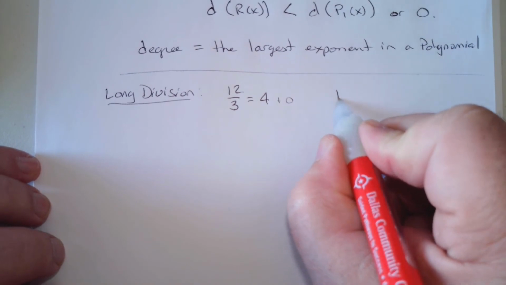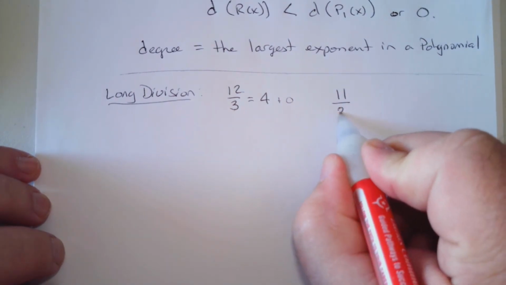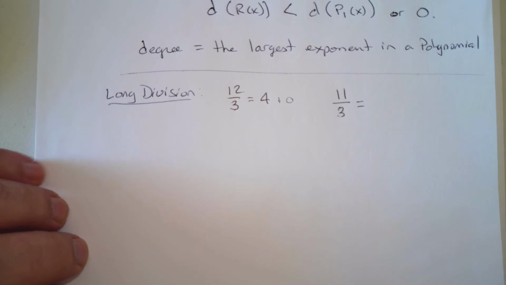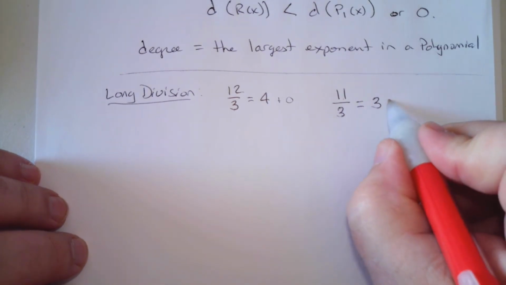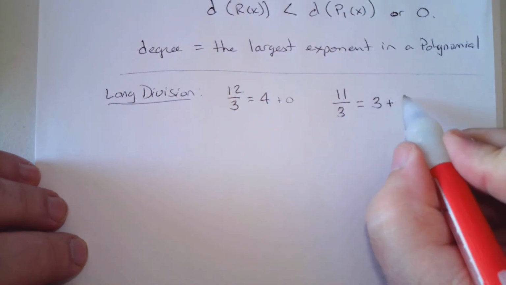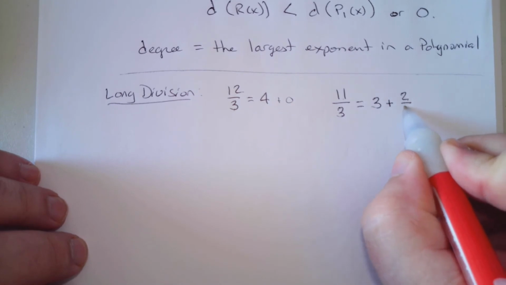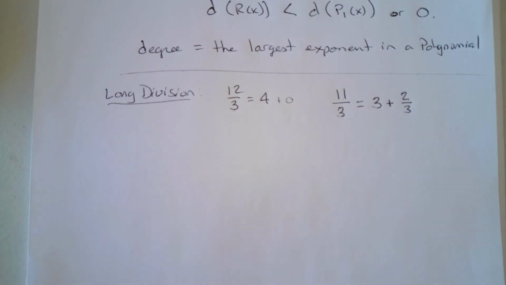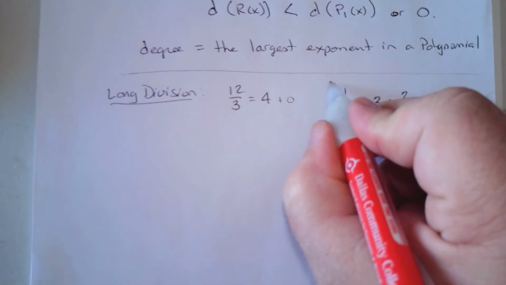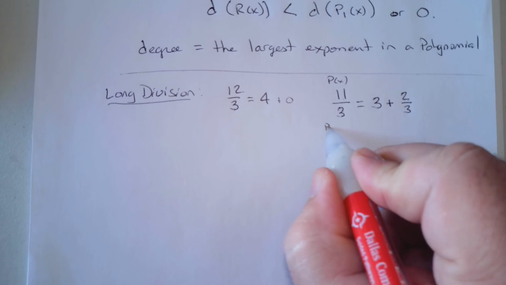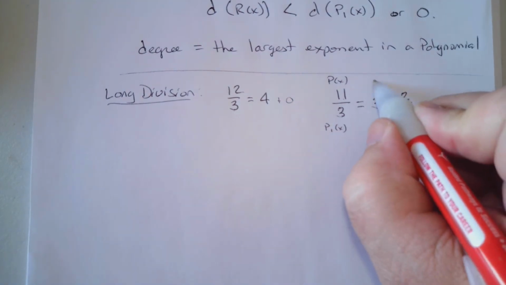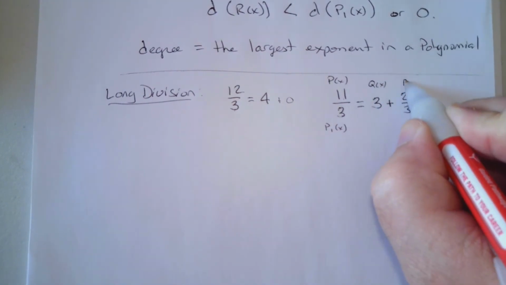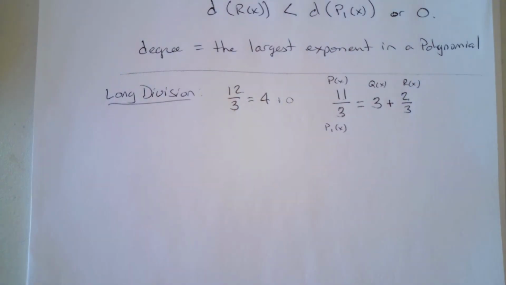How about 11 over 3? 3 goes in 11 3 times, with 2 left over, so that's our remainder. This is p of x. This is p1 of x. This is q of x. And this is the remainder, r of x.